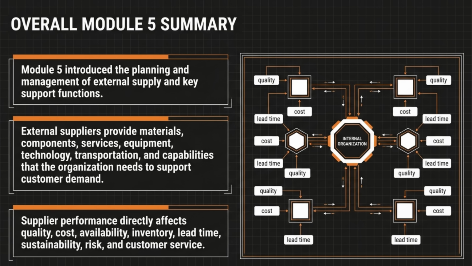External suppliers provide materials, components, services, equipment, technology, transportation, and capabilities that the organization needs to support customer demand. Supplier performance directly affects quality, costs, availability, inventory, lead time, sustainability, risk, and customer service.